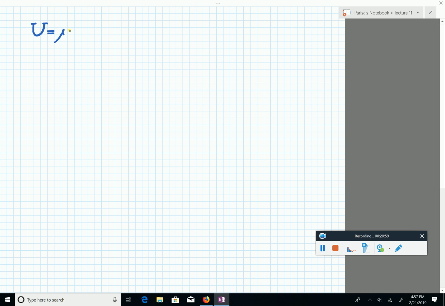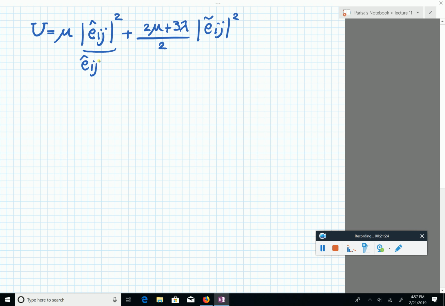One part has something to do with the volume change, and the other part, it doesn't. And I guess it's useful to remind ourselves what this means. The magnitude squared, this is what it is.